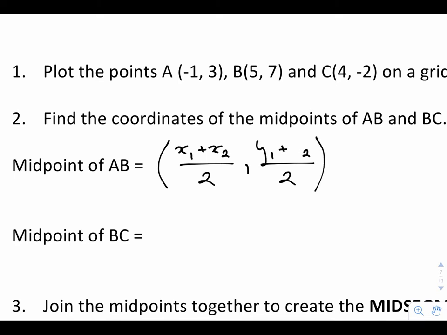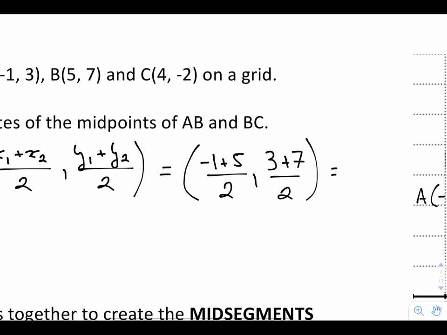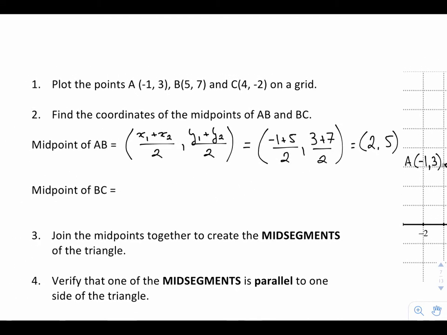And this equals, in this case for AB, (-1 plus 5) divided by 2, comma, (3 plus 7) divided by 2, equals (2, 5).